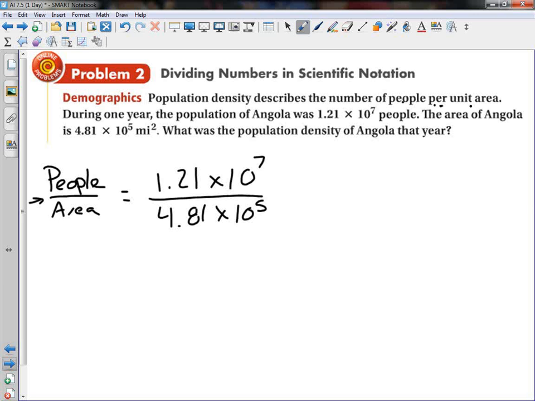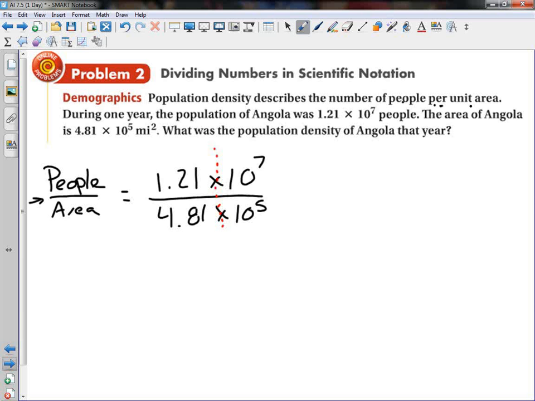All right, so what we're going to do is break this problem down into two different parts, okay? The left and the right. The left part is just numbers, right? So we can just divide those. The right part is the exponents, where we need to do the division of exponents property, which is subtraction. So I'm going to do the left part first, which is 1.21 divided by 4.81.